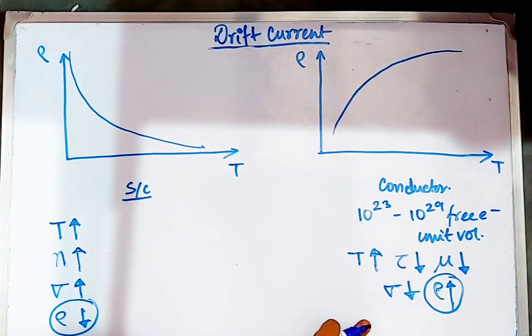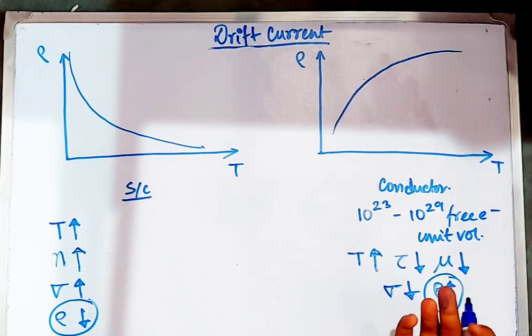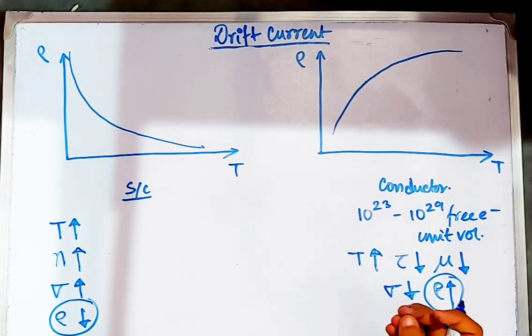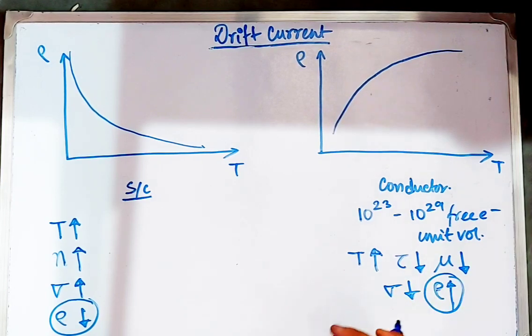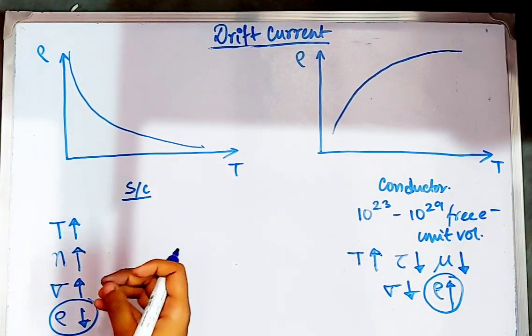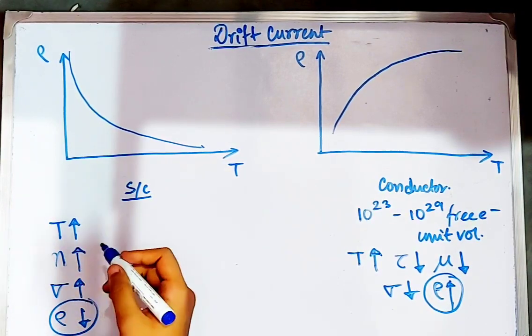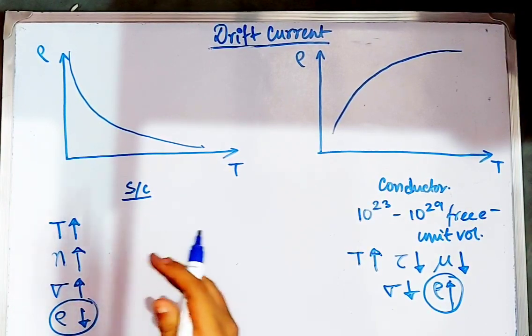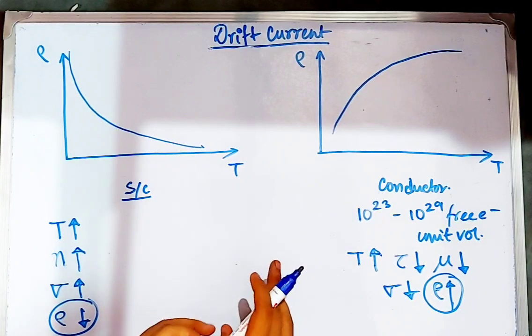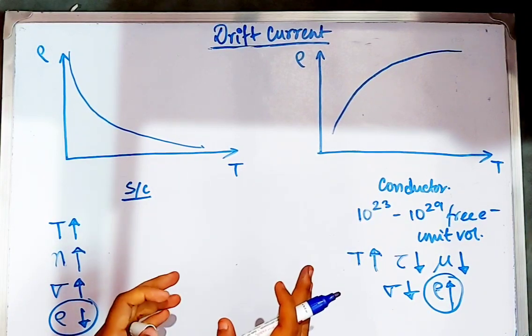Now I think it is much clearer to you why the resistivity of conductors or metals increases with the increase in temperature, and in case of a semiconductor, with the increase in temperature the resistivity gets decreased. So up to this I think everything is clear to you.